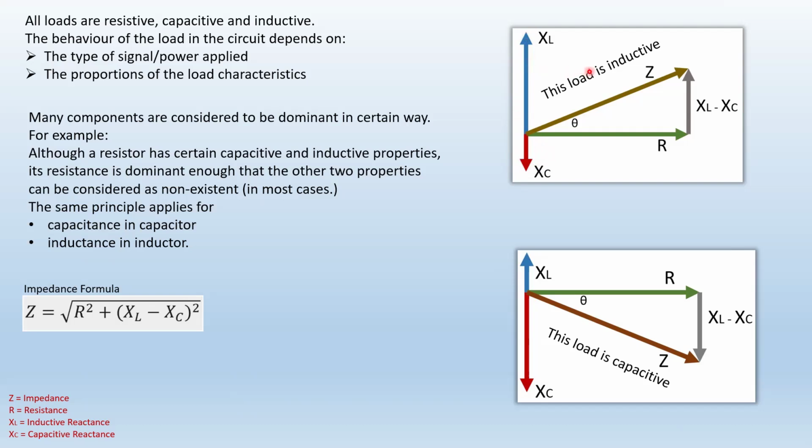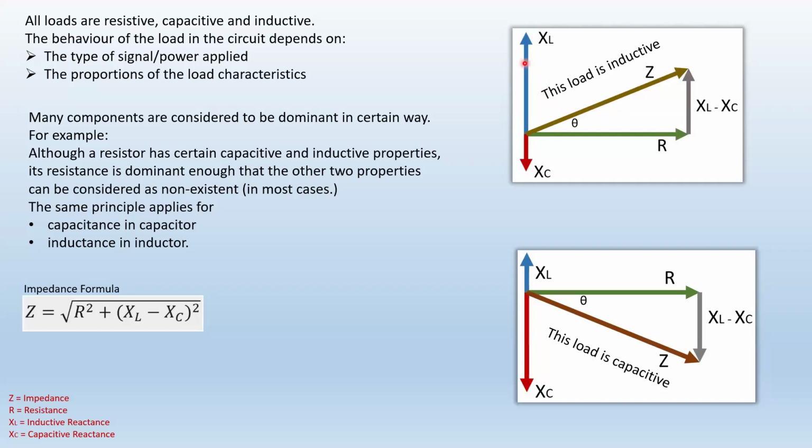If you draw a line here, make a point, and draw that hypotenuse here, that is going to be the magnitude of the impedance. And impedance is going to have an angle right now. It's not going to be at 0 angle.